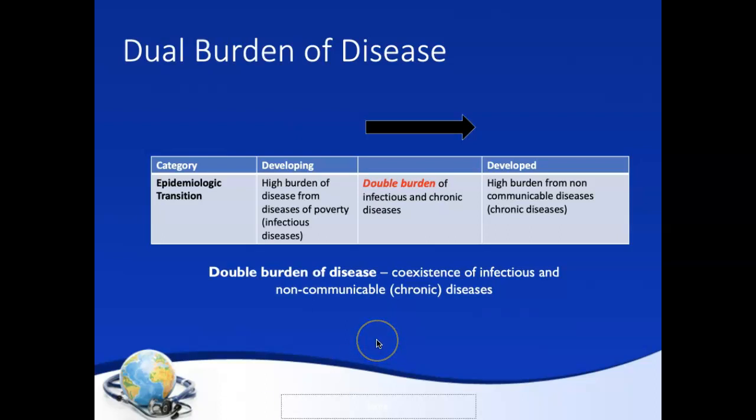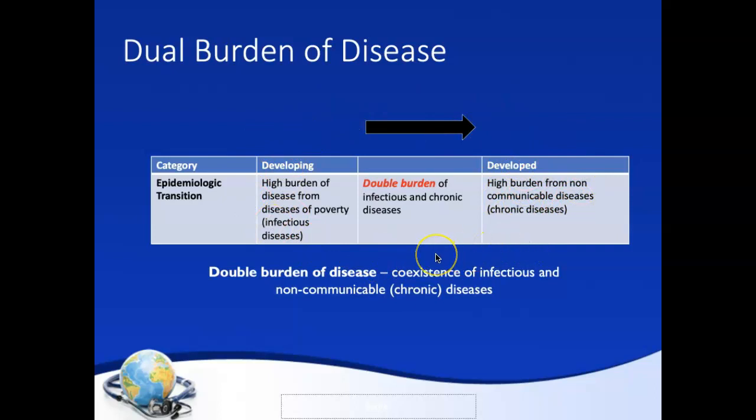One thing I want to point out is that many countries, and we're seeing this within countries and across countries, as a country develops from a high burden of disease from infectious diseases to more non-communicable diseases, some countries are stuck in this double burden of disease.